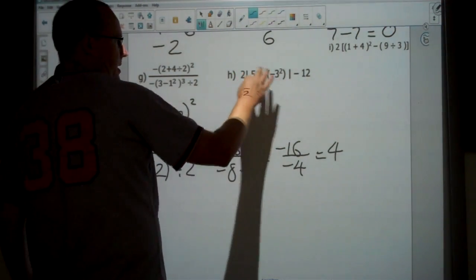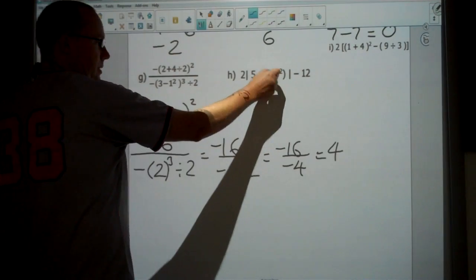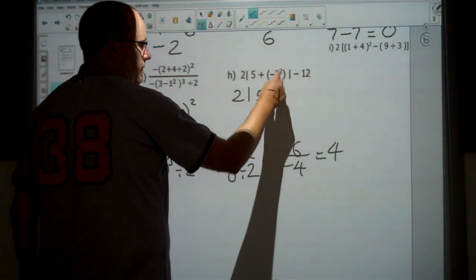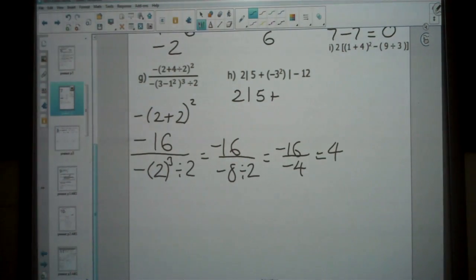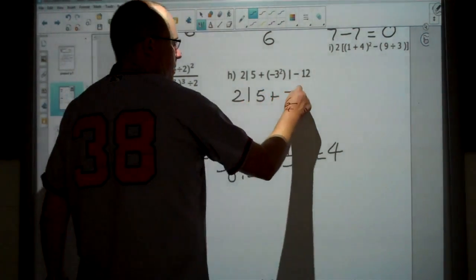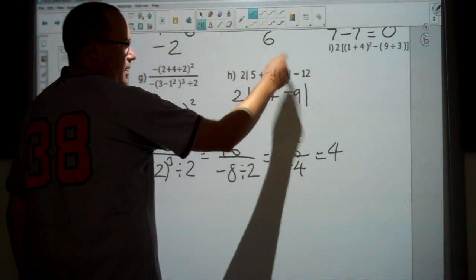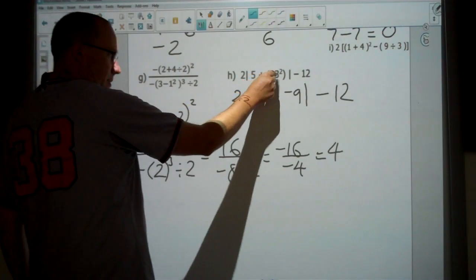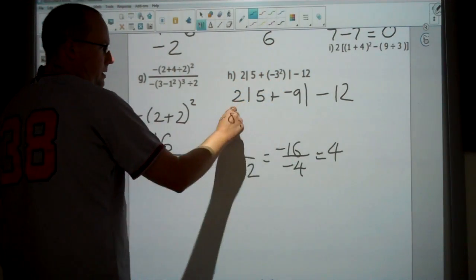When I get to H, I can see my grouping symbols again. I can see other grouping symbols inside those grouping symbols, so they're the ones that I want to work on first. So negative 3 squared, that was one of the questions we actually had earlier. Remember, that one's negative 9, because we do the squaring first and then make it negative. And then once I work that grouping symbol out, I work outwards and work on this grouping symbol.